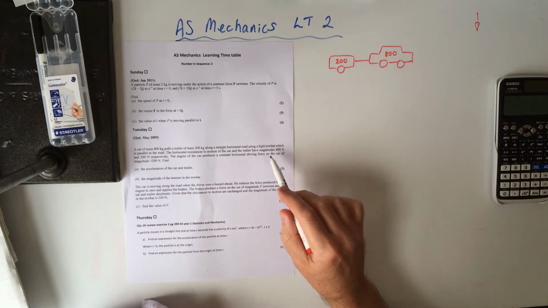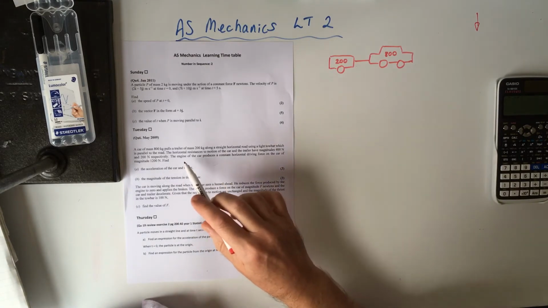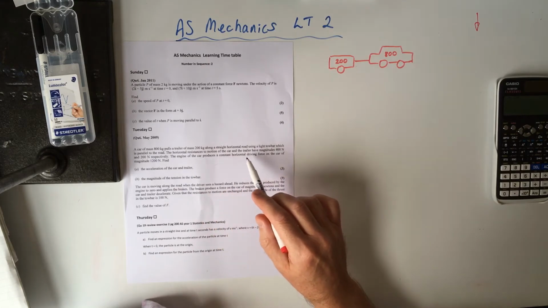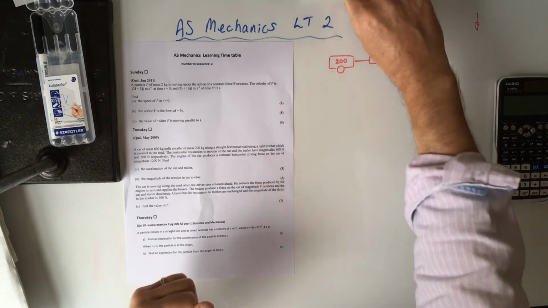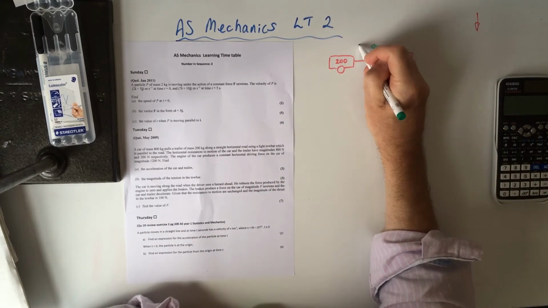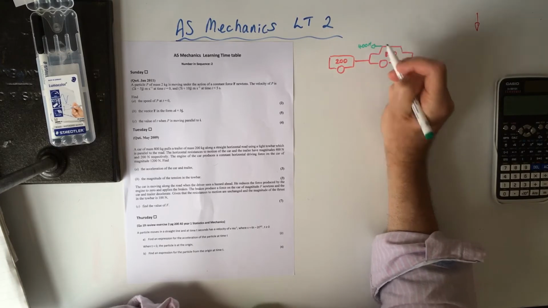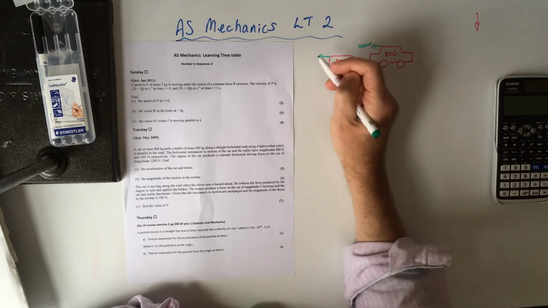And it's going along a road, and it's got a tow bar, and resistances to motion for the car and the trailer are 400 and 200. So let's put those on in a different colour. So the car has 400 newtons holding it back, and the trailer has 200 newtons.